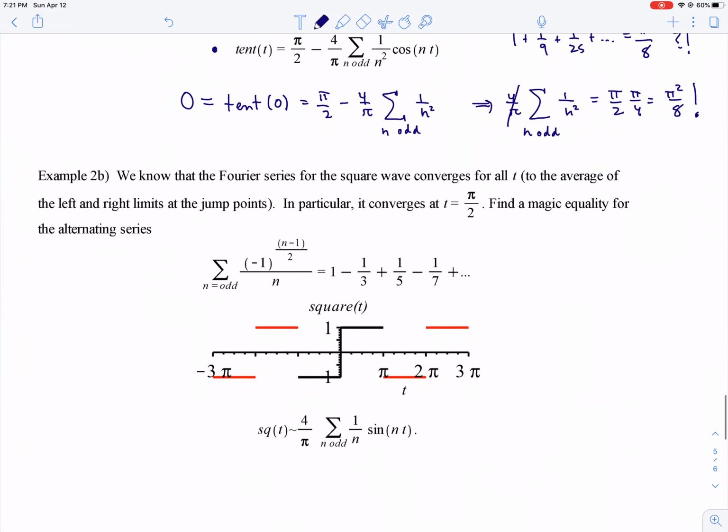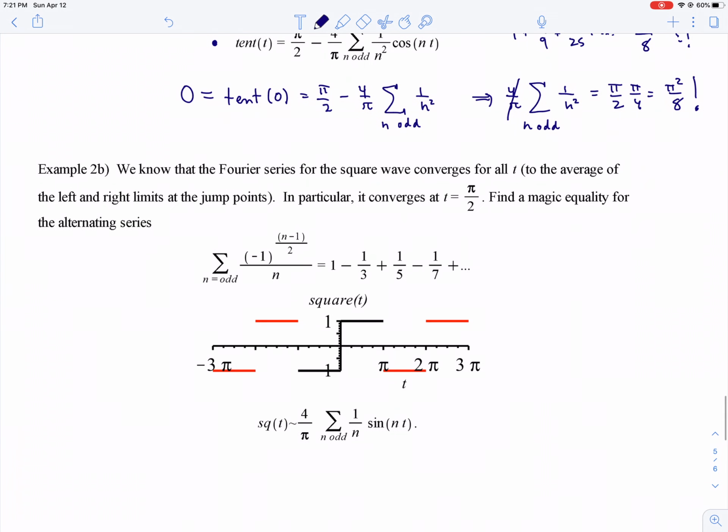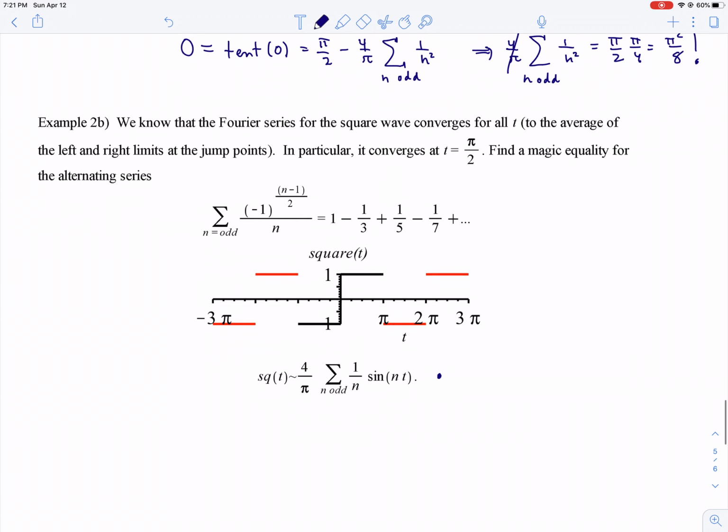Okay, here's another one we can get from the square wave. This Fourier series converges everywhere. At the jumps, it'll converge to 0, which is the average of the left and the right limits. And that's from general theory. And from the formula, the sines are all 0 at multiples of pi anyway. But let's plug in what happens at pi halves, which is the place where the function is differentiable.